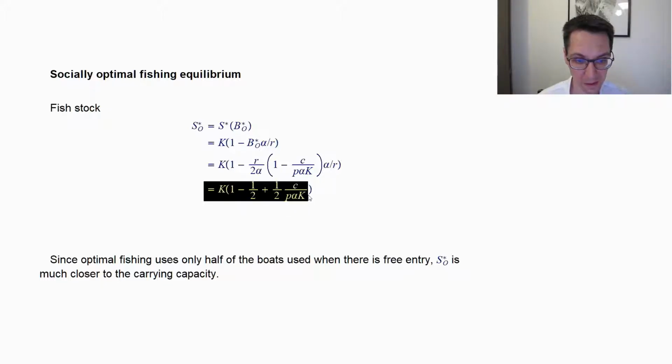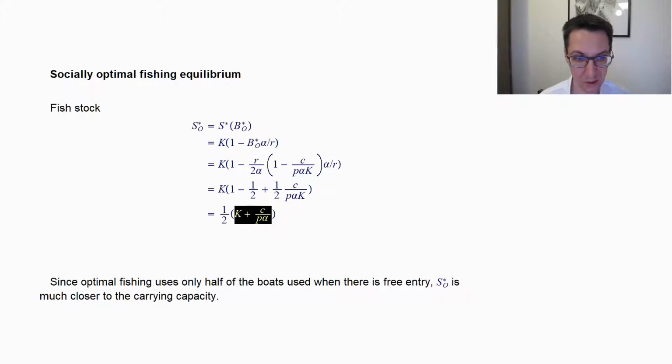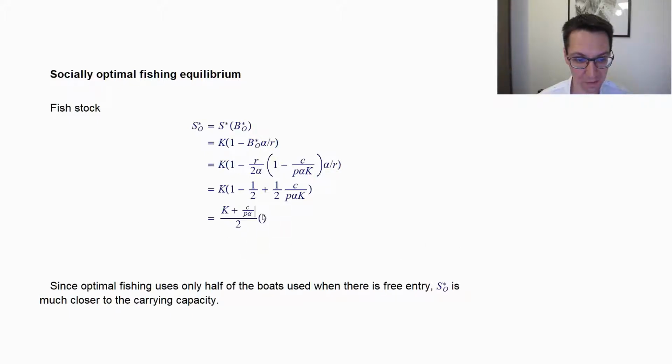Obviously, this is going to simplify: 1 minus 1/2 is 1/2, so I can have the 1/2 in front here. And then let's put the K inside it, and K divided by K disappears. In fact, let's just have these two things at the numerator, and we get this expression here.